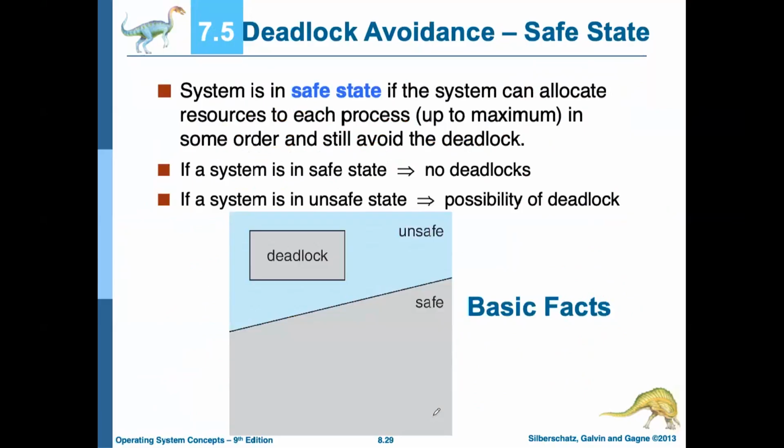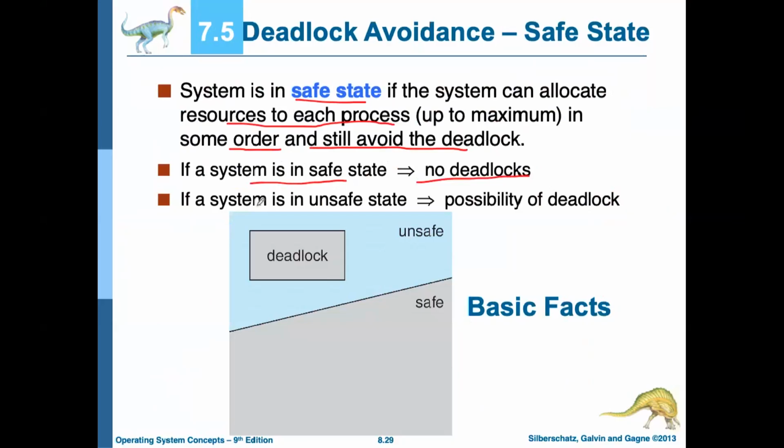Regarding safe state, a system is in a safe state if the system can allocate resources to each process up to its maximum in some order and still avoid deadlock. If a system is in a safe state, no deadlock will occur in the future.